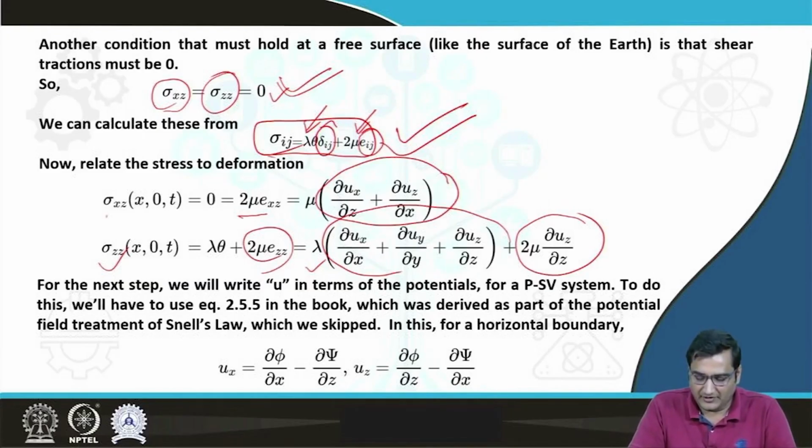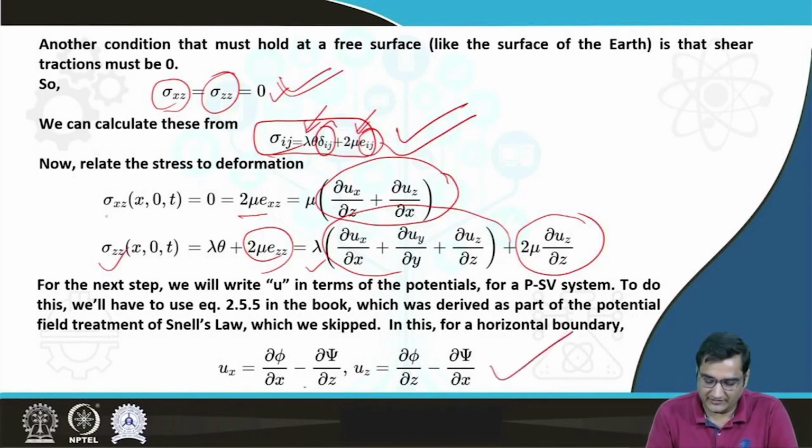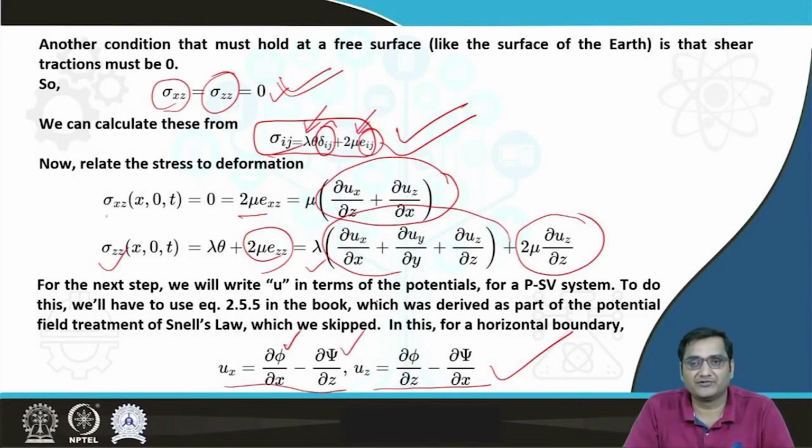In order to solve for the displacement, you can write the displacement in terms of the potentials using these equations. So ux will be something like this, and uz will be like this, where phi is the P wave potential and psi is the S wave potential.